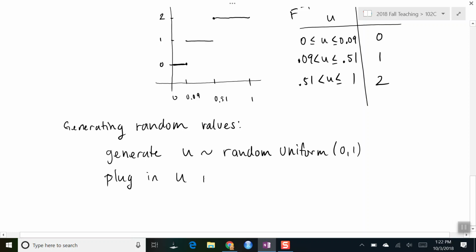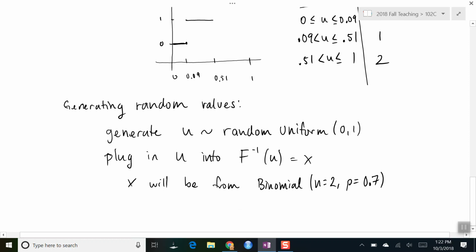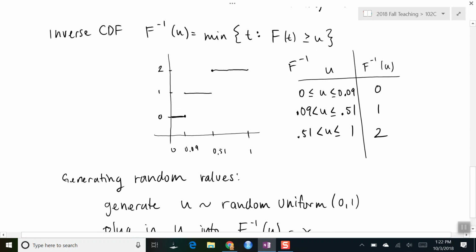We're going to generate u from a random uniform, and then you plug it into the inverse CDF, which will equal x, and x will be from, in this case, a binomial with n equal to 2 and p equal to 0.7.